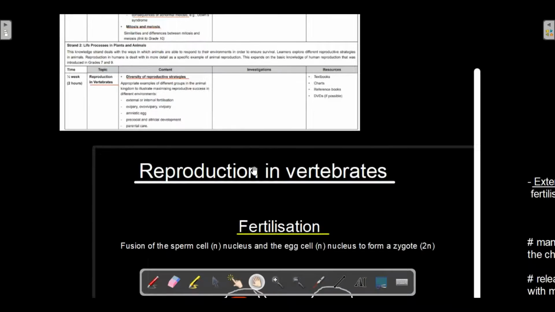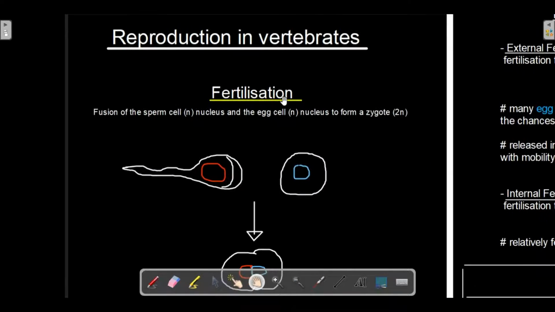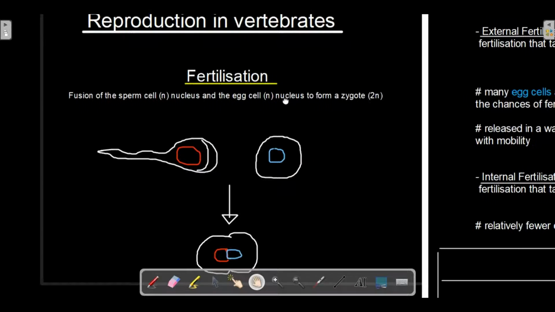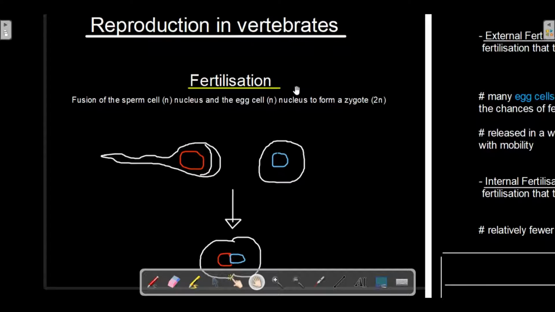Right, so looking at vertebrates, vertebrates are simply animals that have a backbone. So they are born having a backbone. That's what separates them from other types of living things, organisms.